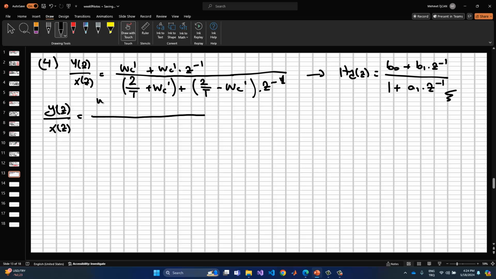Firstly, this is ωc' divided by 2. I'm sorry, there's not enough space to write these equations.